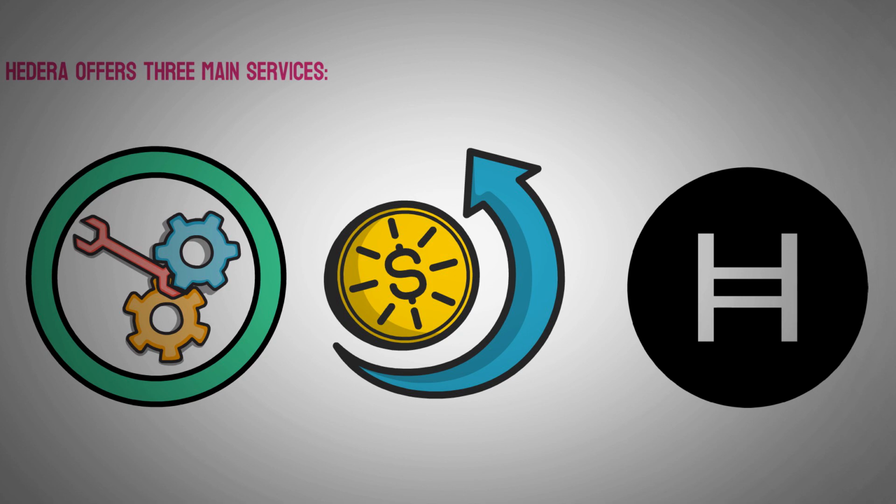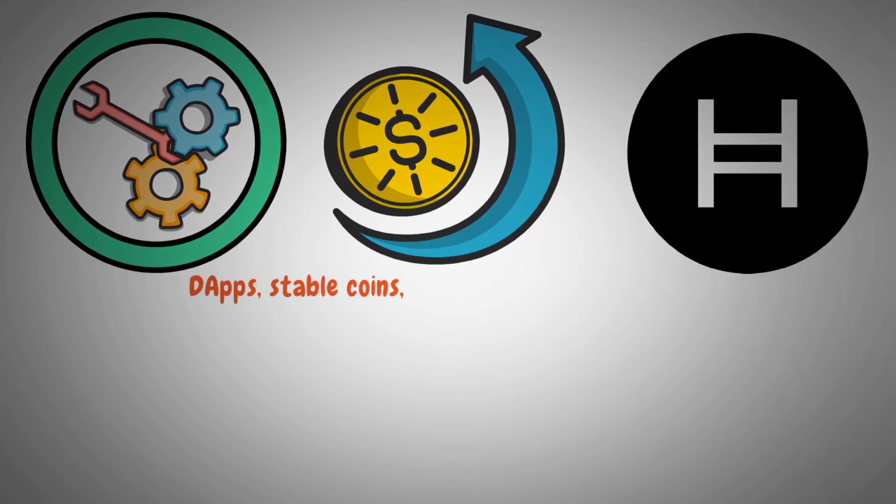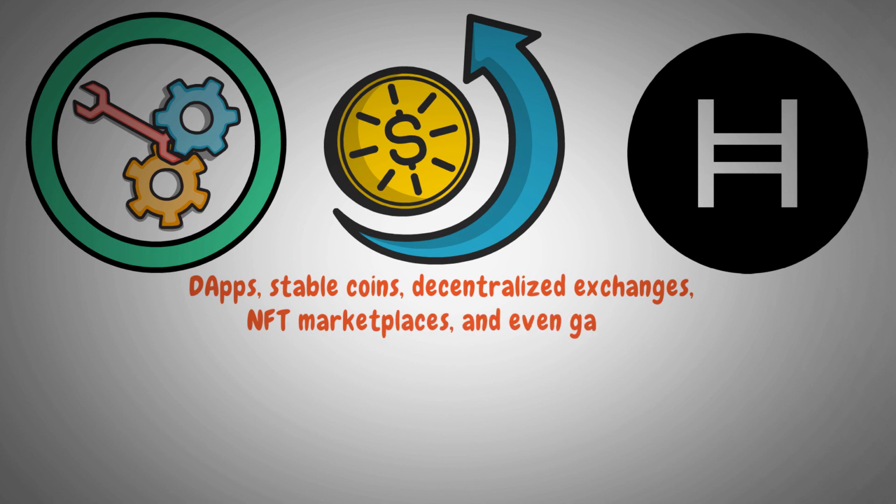Plus, there are already hundreds of applications running on Hedera, like dApps, stable coins, decentralized exchanges, NFT marketplaces, and even games. As of today, the token value sits at $0.6748, significantly down from its all-time high. It's certainly one we'll be watching closely in the next bull market.